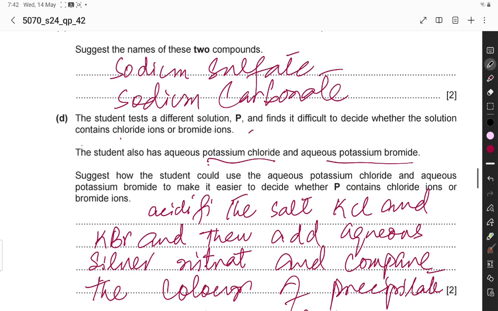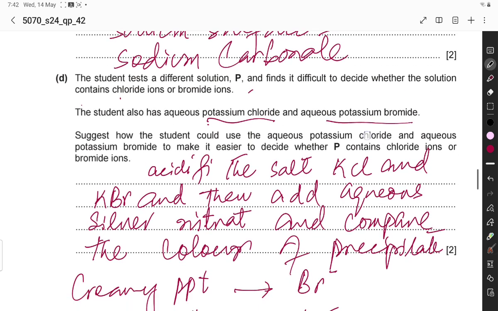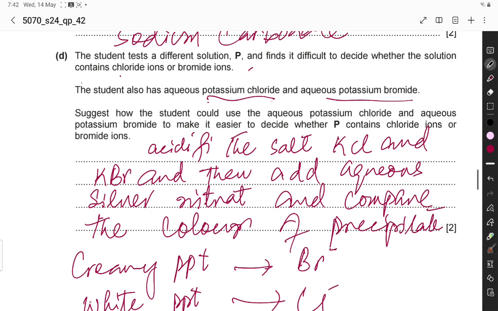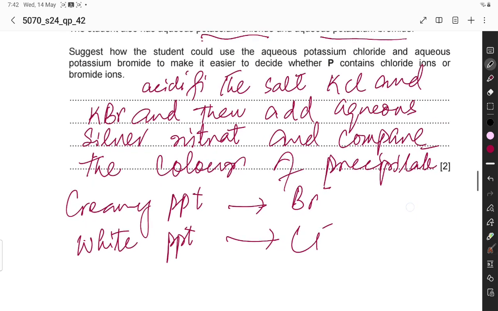The student tests a different solution P and finds it difficult to decide whether the solution contains chloride ion or bromide ion. The student also has aqueous potassium chloride and aqueous potassium bromide. Suggest how the student could use these to make it easier to decide whether P contains chloride ions or bromide ions.